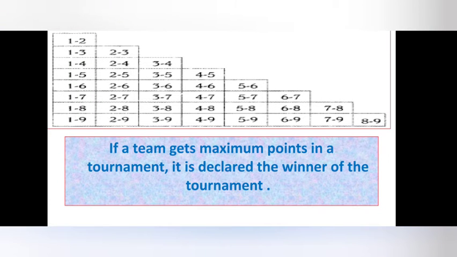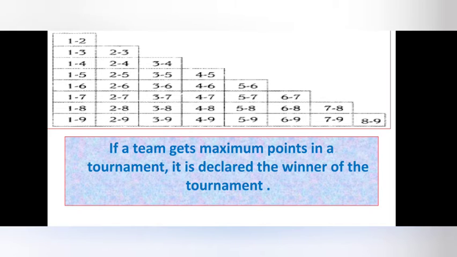On the next page, I'm showing how to draw a fixture in the staircase method. In the staircase method there is no bye or odd-even numbers problem. In the first round, we write number one team 8 times, because number one team will not play against number one team.